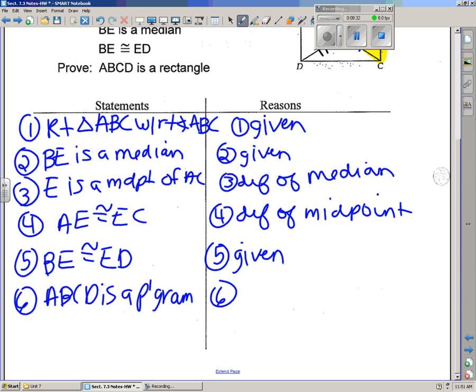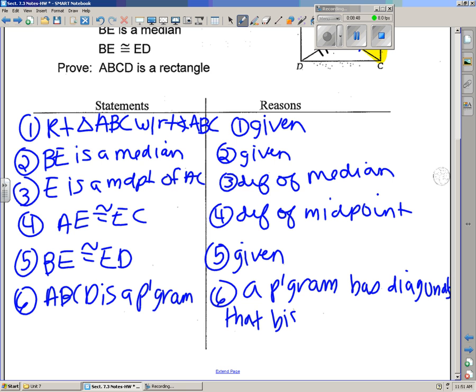because a parallelogram, a p-gram, has diagonals that bisect each other, and you can write this in any way you want. You don't have to write it the same way that I'm writing it, but somehow you can say if the diagonals bisect each other, it's a p-gram. Again, I'm not picky on that.